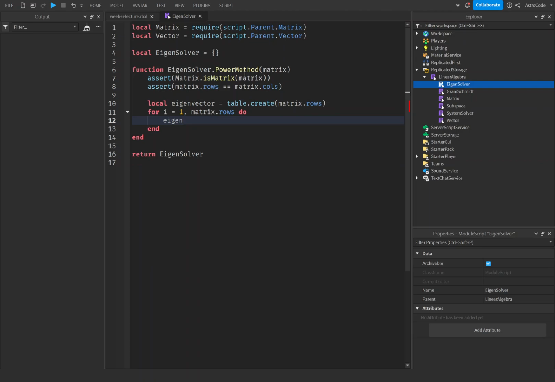Then we update our eigenvector by taking our matrix and multiplying it by the current eigenvector, or our guess for the eigenvector, and then we unitize or normalize it. In our notes, this was U, and the matrix was A, and we just repeatedly multiplied U by A. Then we normalize it so that our numbers don't go really huge or really small.